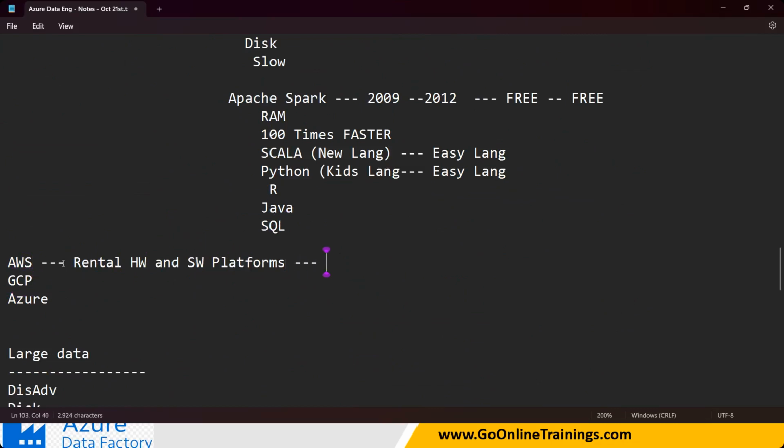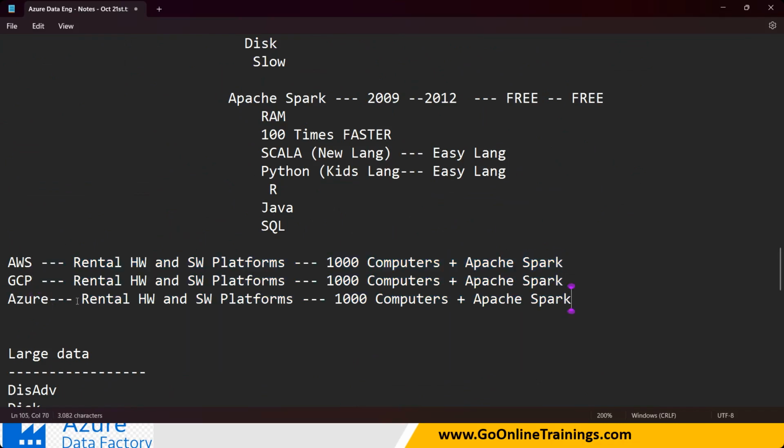You go and tell them, hey, I need 1,000 computers, and you please install Apache Spark there. So Apache Spark can be installed there and will be maintained by the company, which can be AWS or any one of these, and they will install it and give it to you.